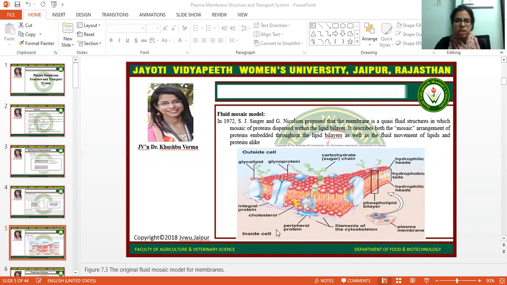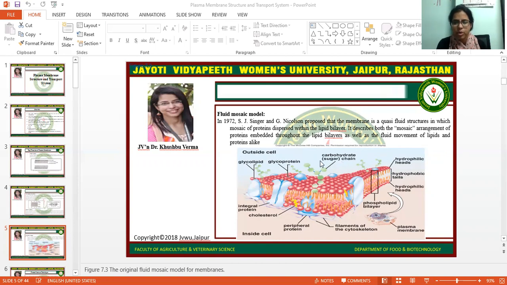Along with all these arrangements, there are some other extra components attached to the protein. If carbohydrates attach with the protein molecule, this conjugated structure is known as glycoprotein. If carbohydrates attach with the lipid molecule, this conjugated structure is known as glycolipid.